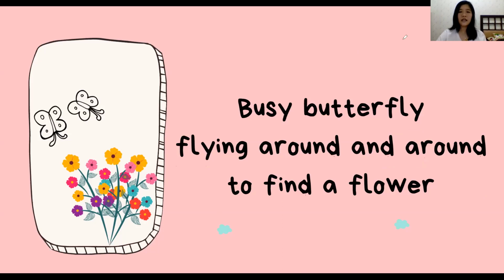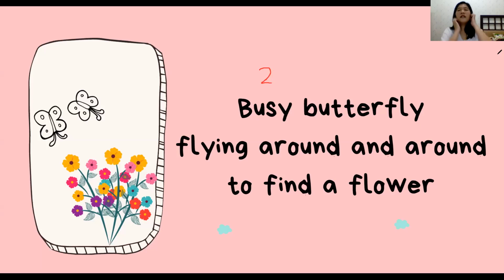Now let's try to count the syllables on each line. We can try to count by clapping our hands. Let's try with the first line and with the word busy. Busy. There are 2 syllables. You can write number 2 here, so it will make it easier to count later.